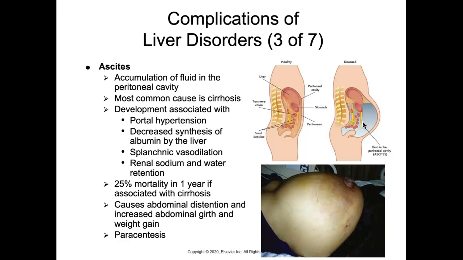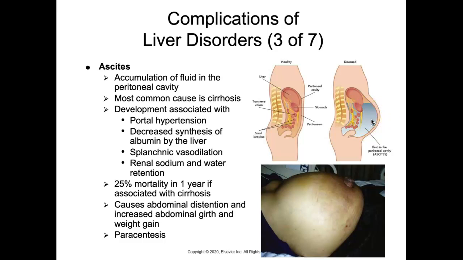and malnutrition. So we can have development of ascites due to portal hypertension and decreased synthesis of albumin by the liver, and this causes capillary hydrostatic pressure to be greater than the capillary osmotic pressure, and that pushes this water into the peritoneal cavity.